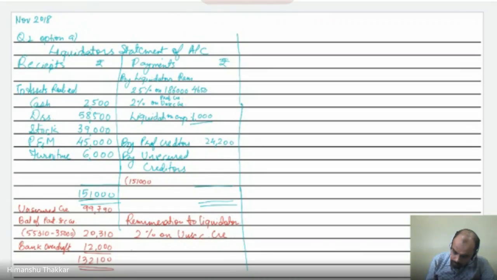So 1,51,000 that we have in our hands minus 4,650 minus 484.